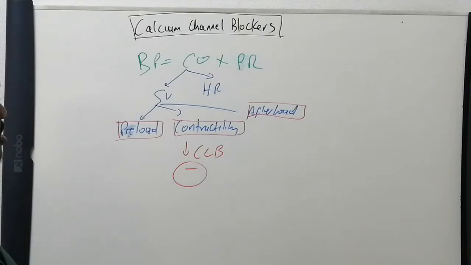But unfortunately, for us to understand how these drugs work, we need to revisit some basic anatomy and physiology. And please guys, bear with me. I cannot explain calcium channel blockers nicely if I don't go back to the basics, the basic anatomy and physiology, and talk about resting membrane potential, threshold potential, all those things.